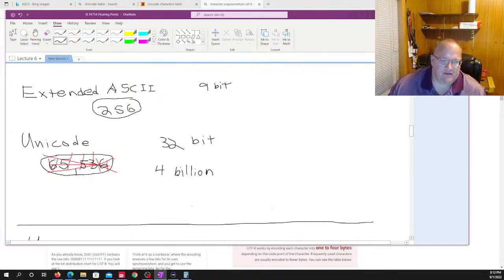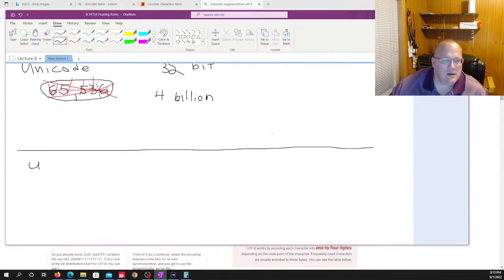We haven't used any of them yet. In fact, it's unlikely that we could ever use all of them. All right, so enter UTF. This might be 24 bits, which would still be 8 million.